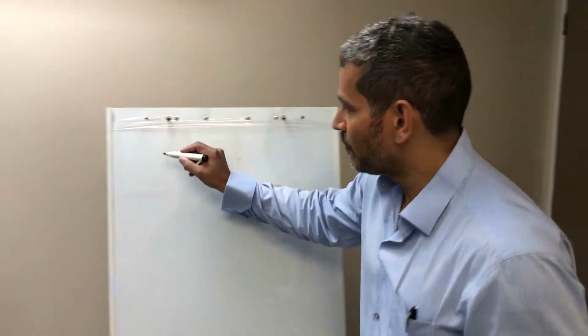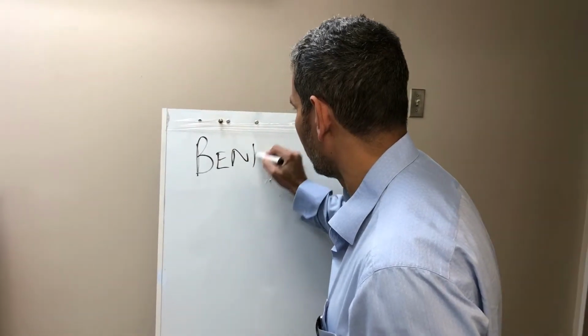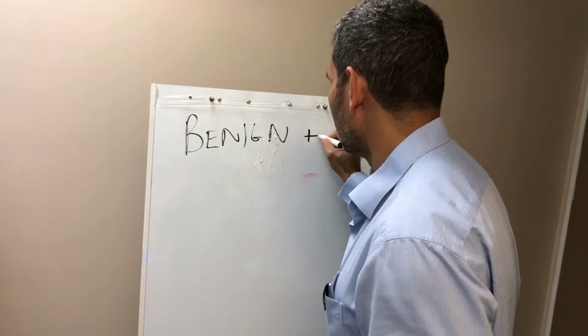As you know, everything could be classified into many different origins, including brain tumors. So I would advise you now to pause this video and go over in your mind what you want to classify the brain tumors as. Okay, so the different classification schemes we have: benign and malignant.